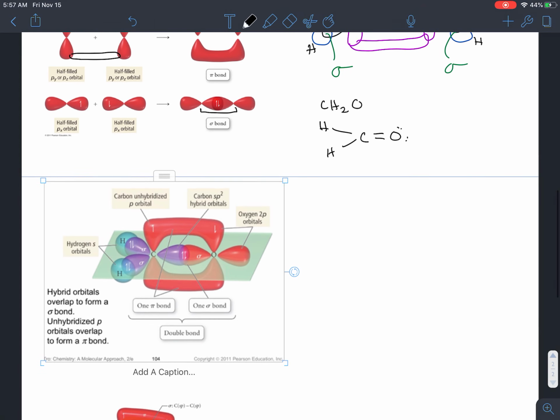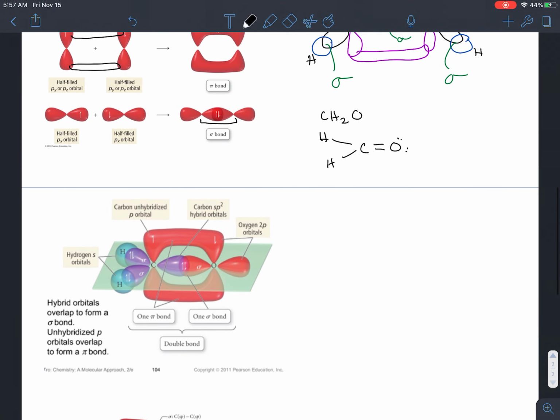Picture's over here. And let's see if I can make this a little bigger. And you can see that you have the purple, which are the sp2 orbitals. You have the p orbital of the oxygen that overlaps with the carbon here.